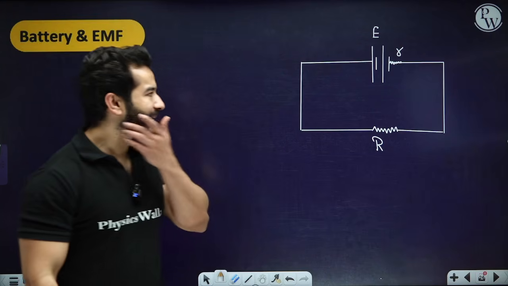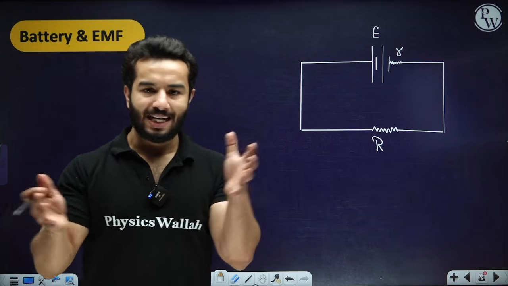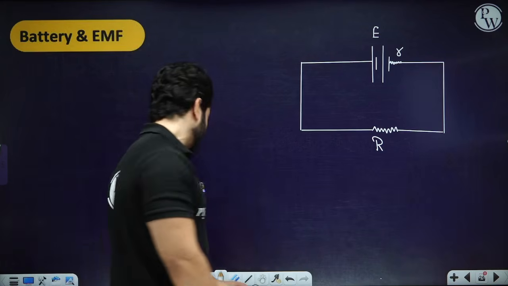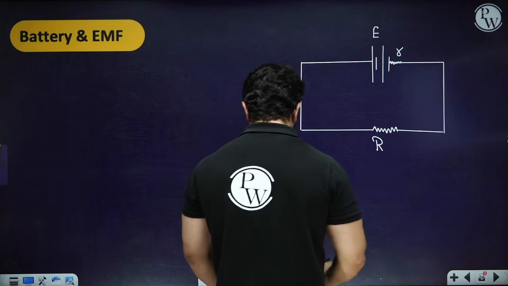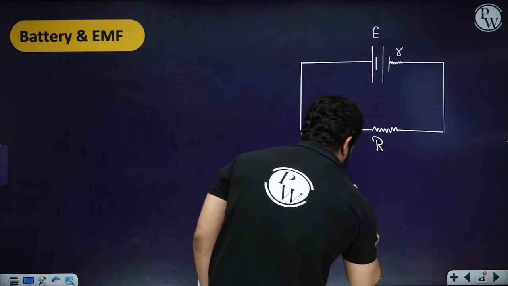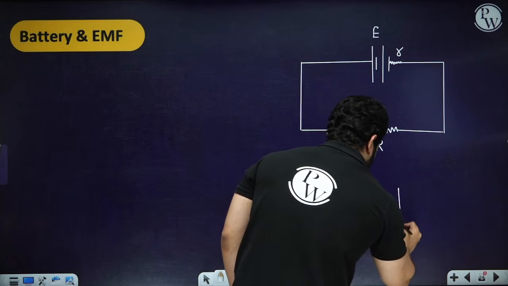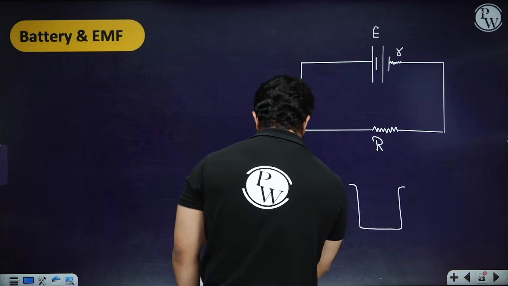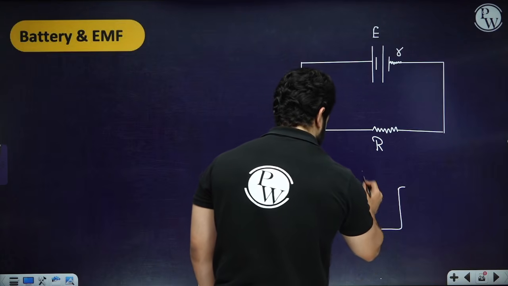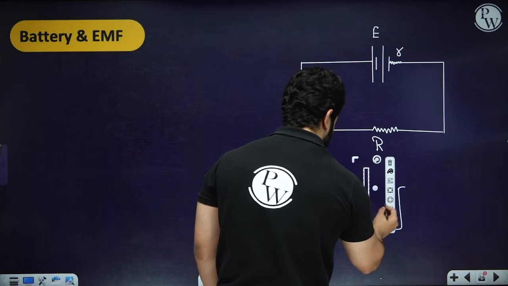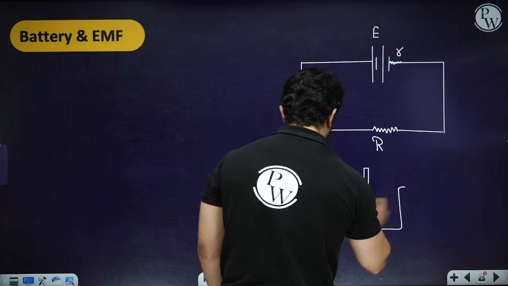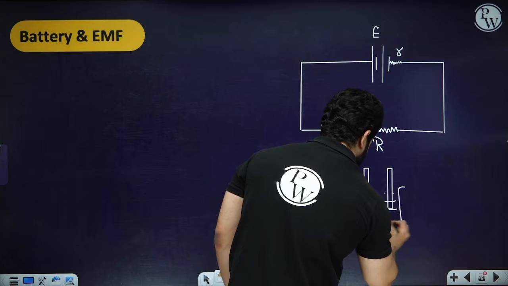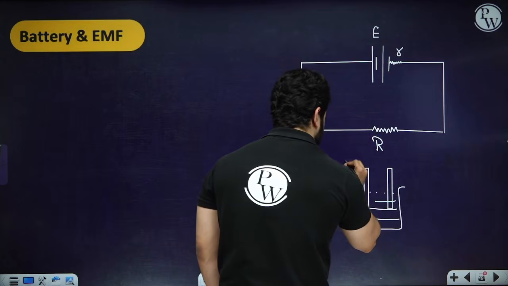By the way, this battery is actually a combination of cells. If you are going to talk about a cell, let's look at an example. Let's suppose that you have got a basic electrolytic cell over here, and you have got two electrodes, something like this, and then an external circuit attached with this.